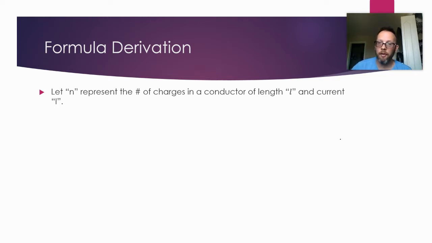Off to the side here, I'm going to do a couple of things. Recall that current is charge per unit of time flowing through a specific point in a wire. Over a certain amount of time, how much charge flows through the wire?